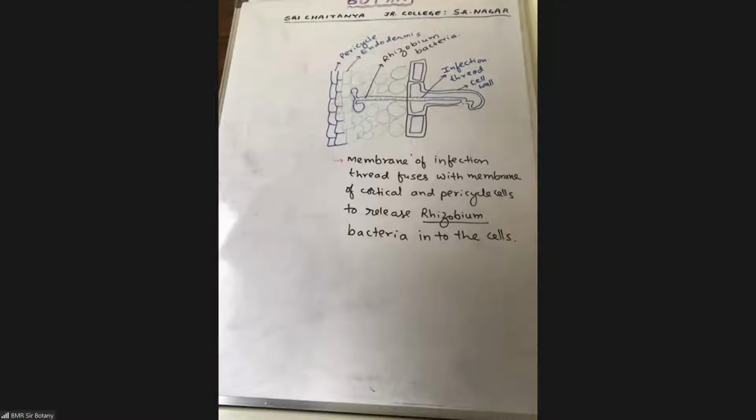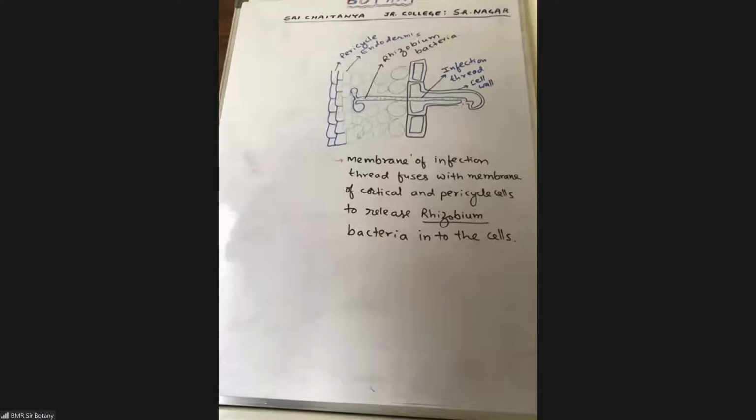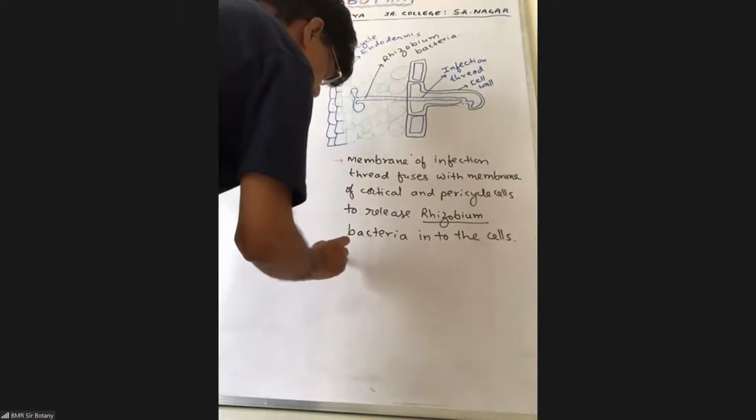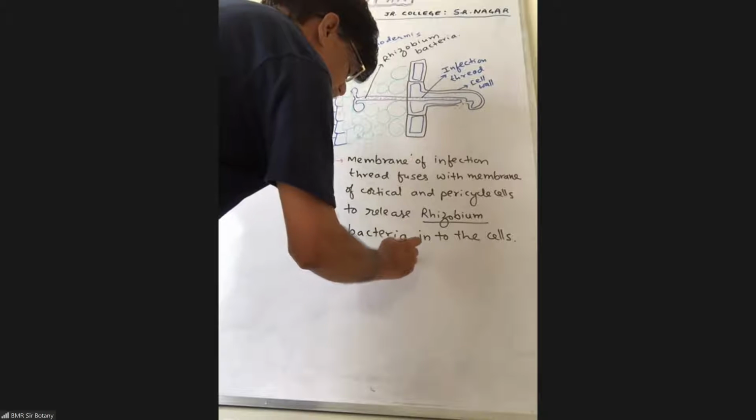Then the bacteria multiply in the cells and induce rapid mitosis in cortical and pericycle cells to form small nodules, the so-called root nodules.